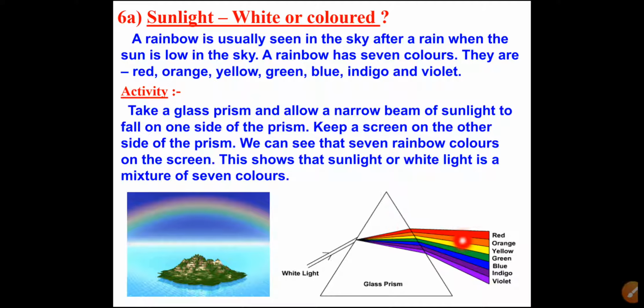So from this activity you come to know that sunlight or white light is a mixture of 7 colors. So is sunlight white or colored? Sunlight is a mixture of 7 colors, as shown in the rainbow. Here also the splitting of colors from white light through the prism is shown.